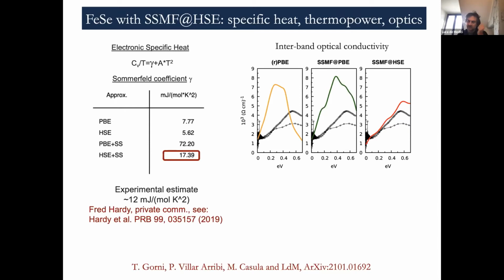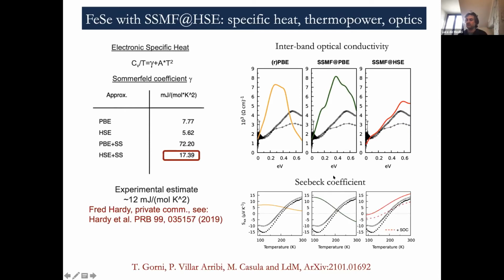And we pushed it a little bit even too far, and we investigated the Seebeck coefficient, which as a first approximation can be calculated without taking into account relaxation time. Indeed, we saw that the other approximations give a completely wrong sign and behavior of the Seebeck coefficient, whereas at least our formulation gives a nice agreement and also a change of sign, more or less, in the temperature, which is comparable to what you find in experiments.